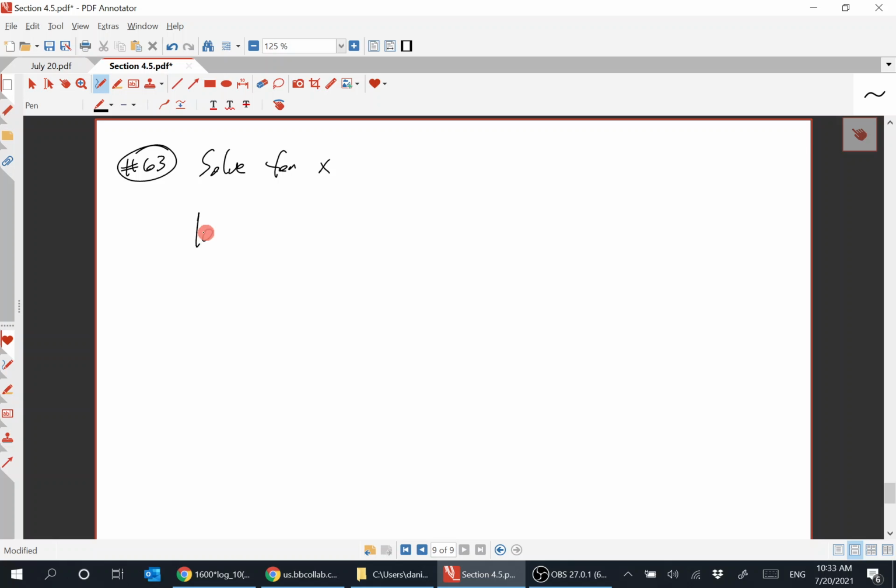Log base 2 of x plus log base 2 of x minus 3 is equal to 2.